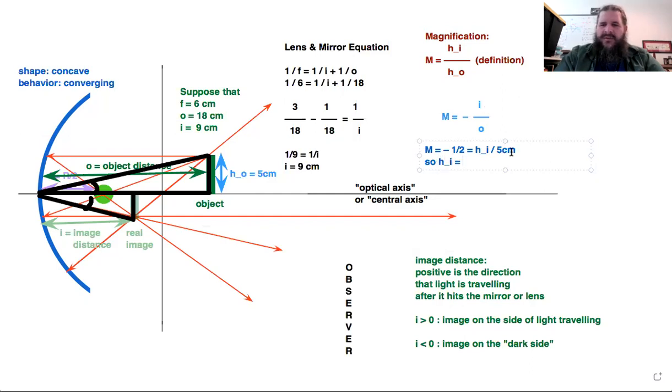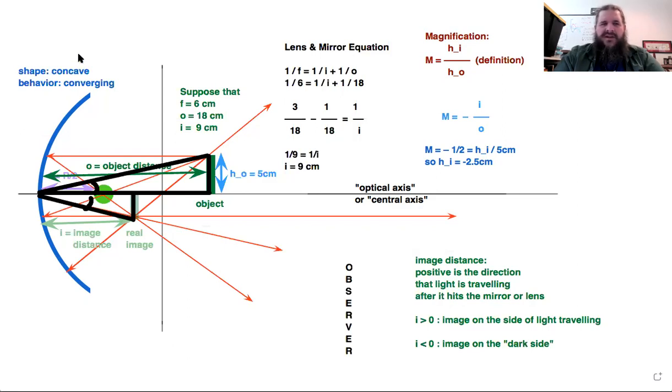All we need to do is multiply both sides by 5. Negative 1/2 times 5 centimeters would be negative 2.5 centimeters. So that tells us the image is 2.5 centimeters tall and upside down. In fact, a real image is always going to be upside down because it's going to be on this side that light reflects back to, and the light reflecting back bounces to the other side of the optical axis.